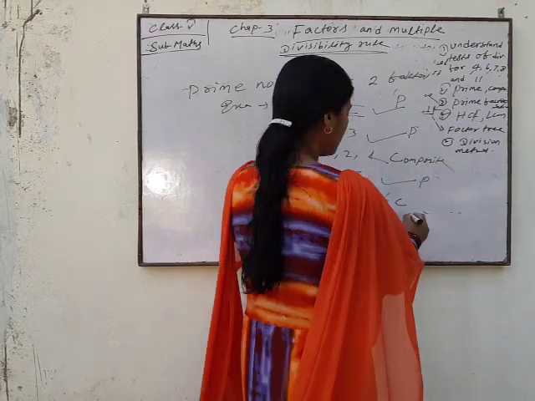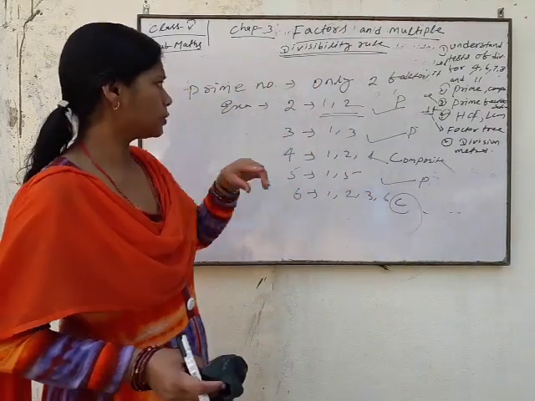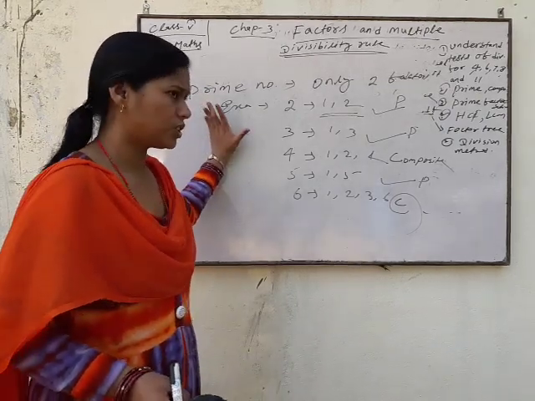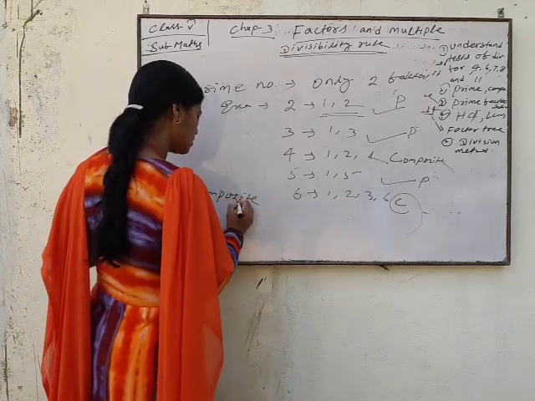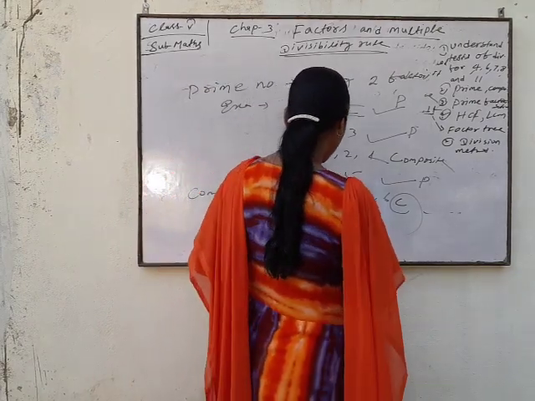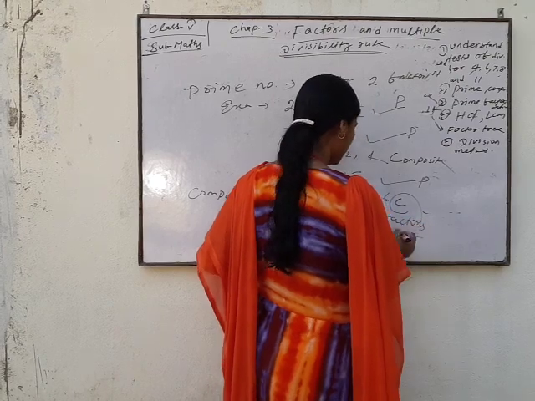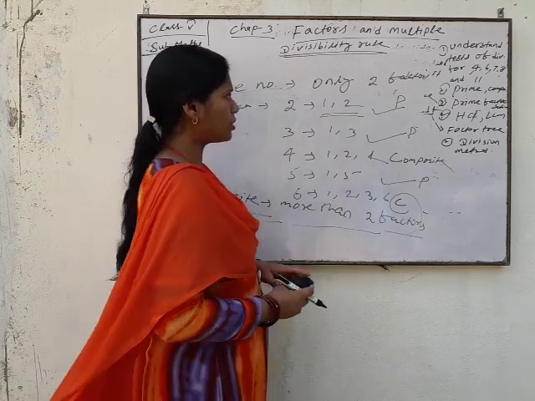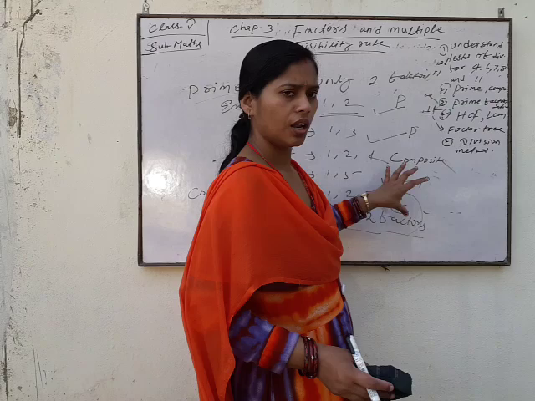Composite means more than 2 factors. Okay, so clear? Prime numbers are numbers having only 2 factors, and composite numbers have more than 2 factors.